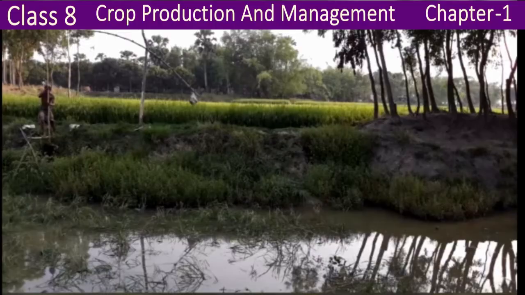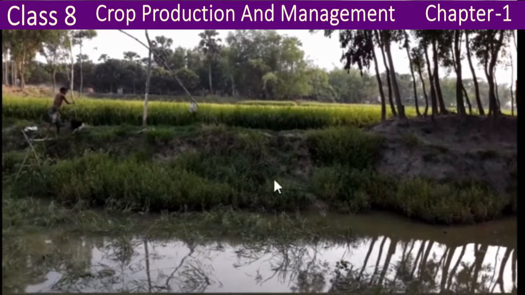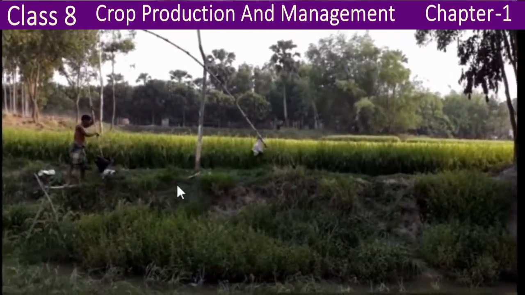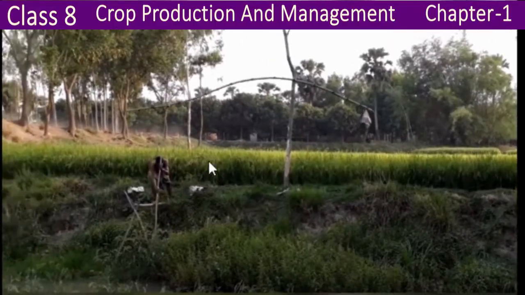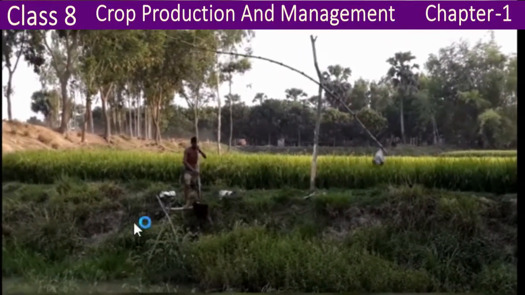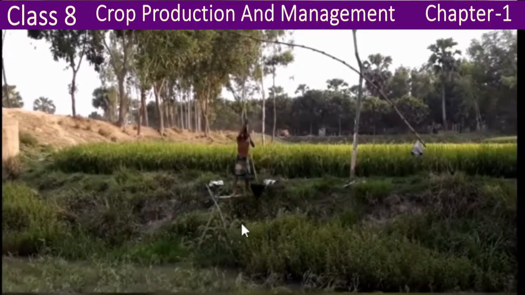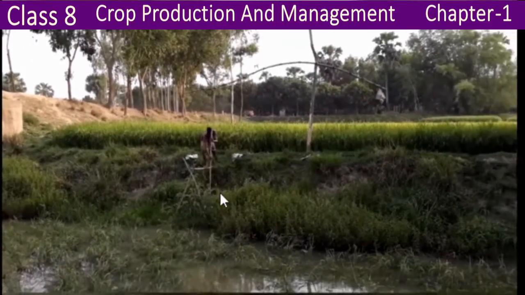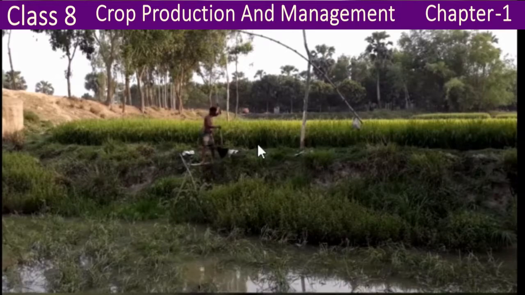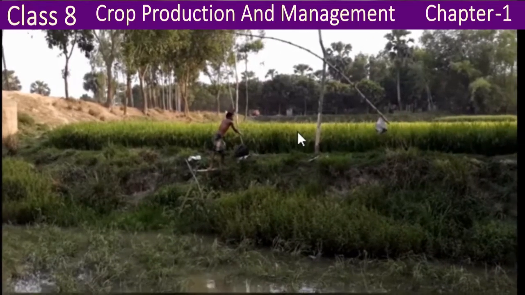See guys, this is called the Dekli system, a very traditional way of irrigation. This is his paddy field. Here is a stream where water is flowing. See how he is picking the water from a stream and irrigating his field.